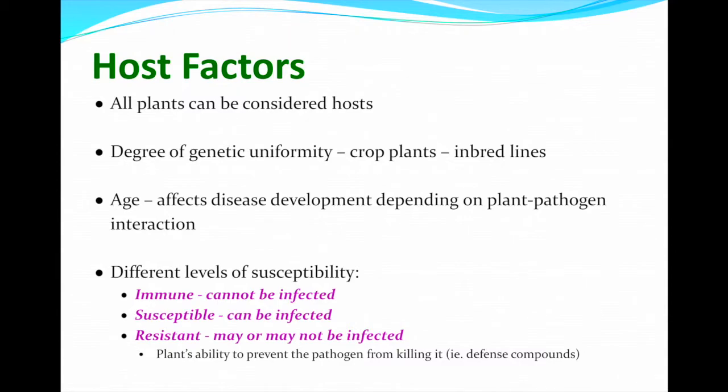We might not look the best on the other side of it or perform the best, but we might be able to survive or get a crop out, have some foods to eat, or not lose the entire breeding line completely. The idea that it could go extinct exists out there. So that degree of genetic uniformity certainly plays a factor in hosts and how vulnerable they are to disease pressure.